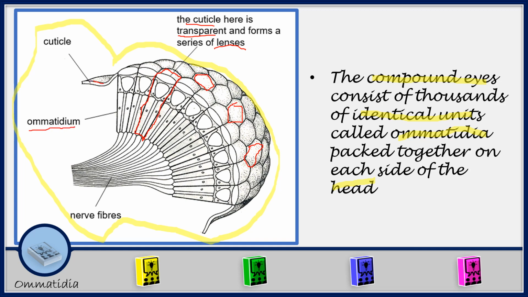The upper section is the cuticle, made up of very many lenses. Then we have the cones inside here, which we shall see later on. And then we have the whole structure here, the ommatidium. And here we have the nerve fibers.